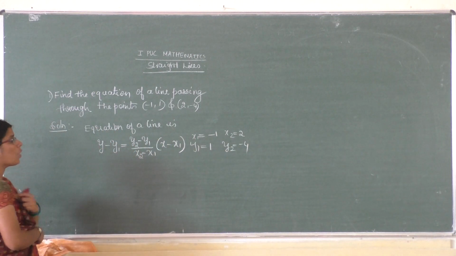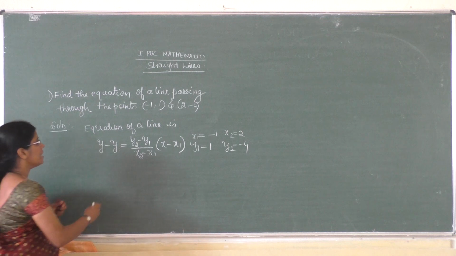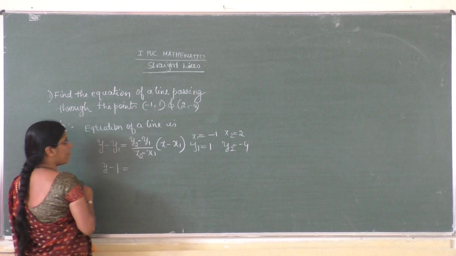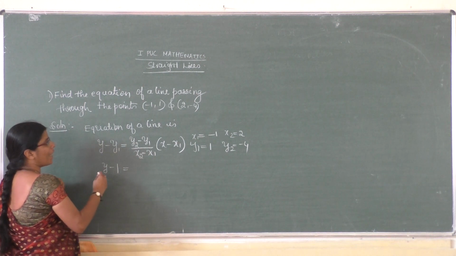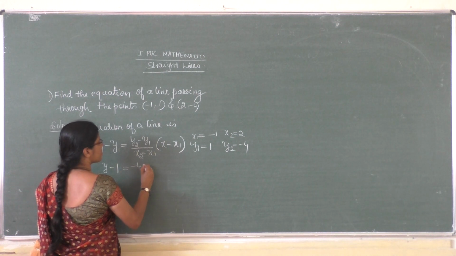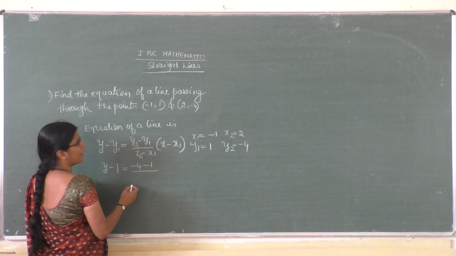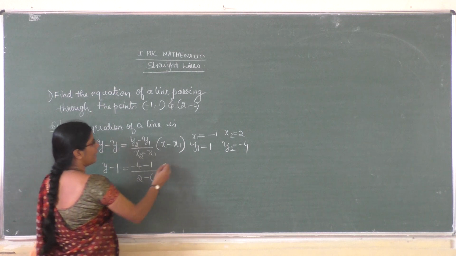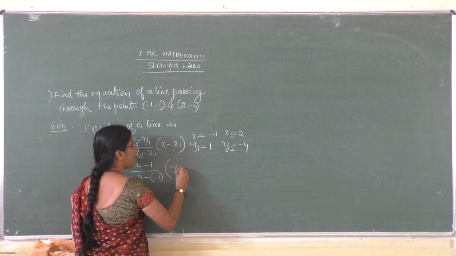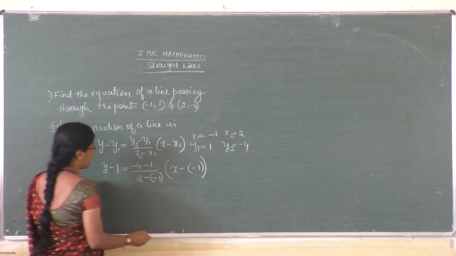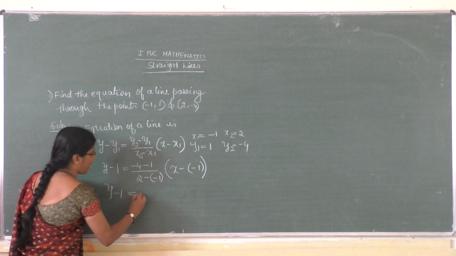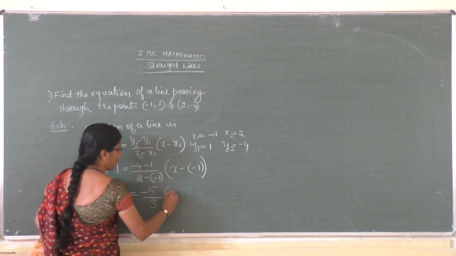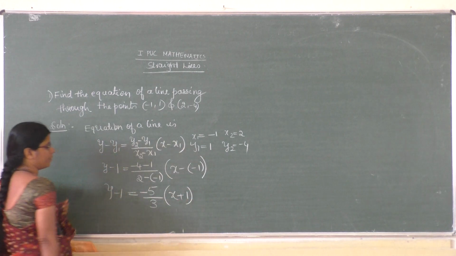So these are the coordinates of the points. Substituting, we get y minus 1 is equal to minus 5 divided by 3 into x plus 1.